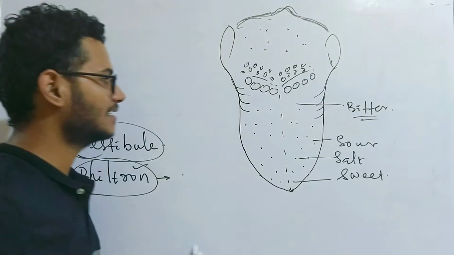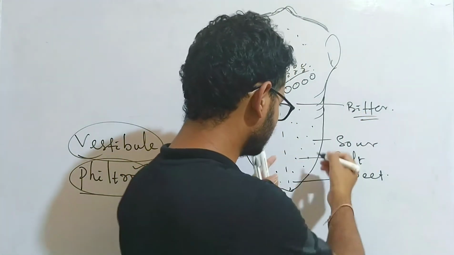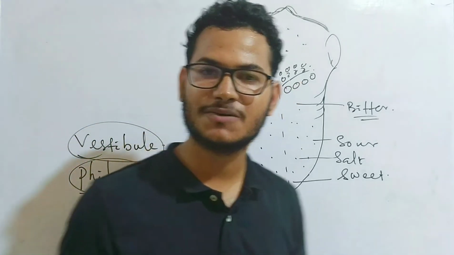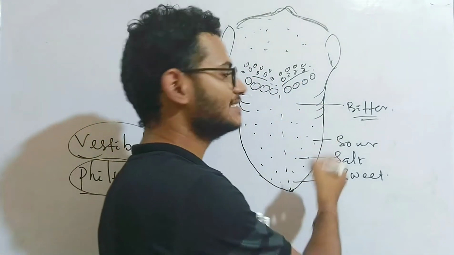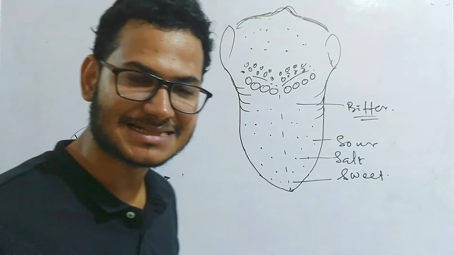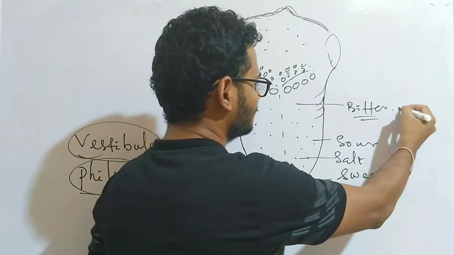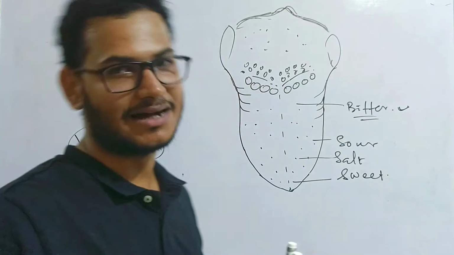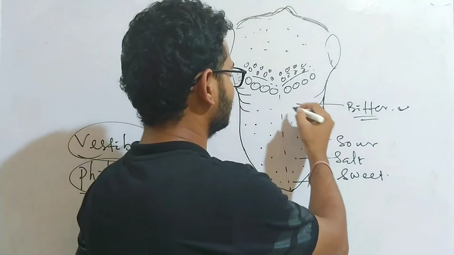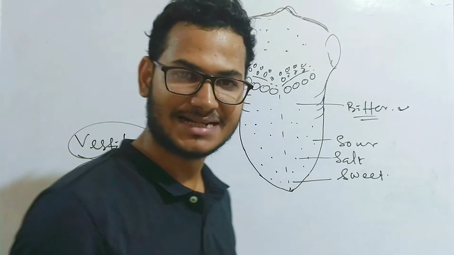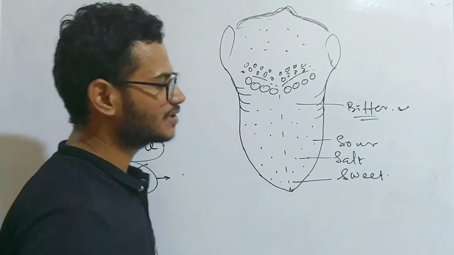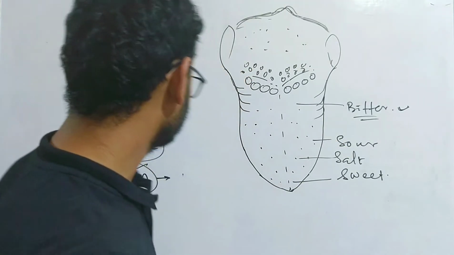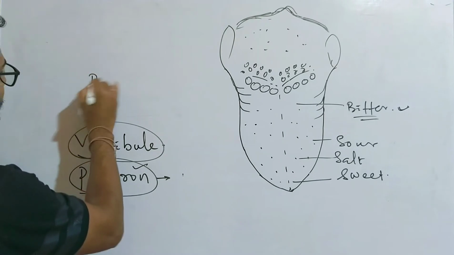So bitter is at the posterior most part and sweet taste buds are at the anterior most part of the tongue. That is the reason why we swallow the medicines that taste bitter. We will throw the medicine as far inward as we can and drink water so that it will cross the bitter zone of taste. Okay, so these are the 4 different types of taste buds which are present in our tongue. Next, we will talk about the papillae.